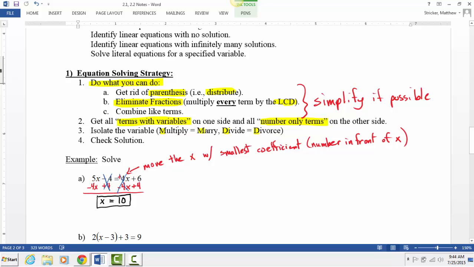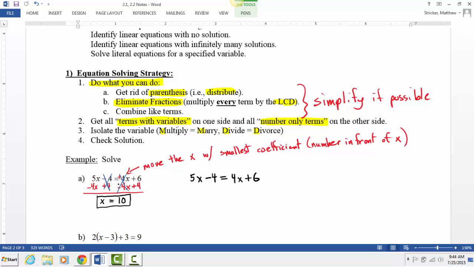Now, I personally think it starts to get kind of ugly and messy if we are writing things out the way we did in this example and the way we've done in all our previous ones, where we minus 4 and add 4, or minus 4x and plus 4 and plus 4. It's just a lot of stuff going on. I like to write it in a simpler way.